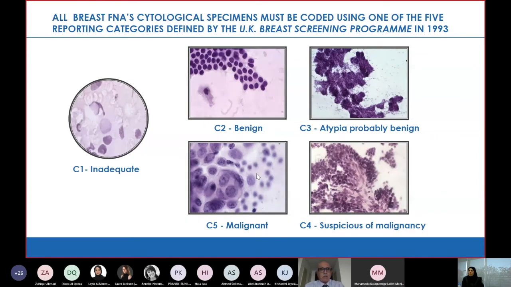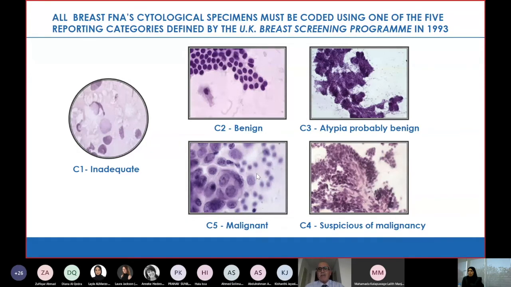C2, benign, is the typical case of fibroadenomas, and any representation of normal ductal and lobular cells. C3, atypia probably benign, is usually associated with lesions which are slightly more cellular and which may have some cytological or architectural atypia. There's no real separation between the two areas because in any case it's agreed that a C3 requires an excision biopsy with final histology.